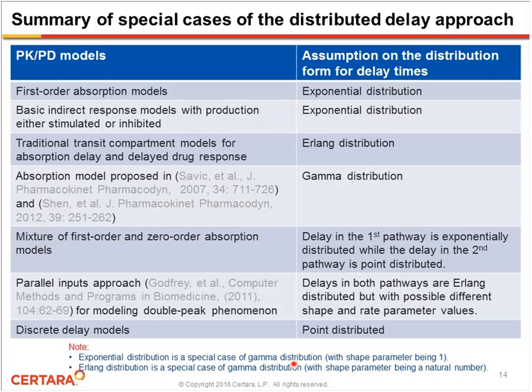I just want to remind you again that the exponential distribution is a special case of the gamma distribution with shape parameter being 1. The Erlang distribution is a special case of the gamma distribution with shape parameter being a natural number.